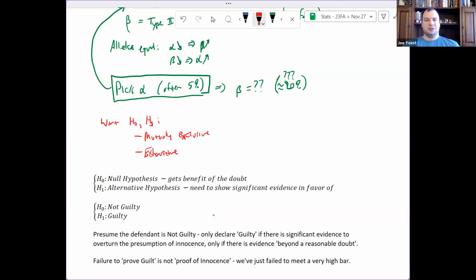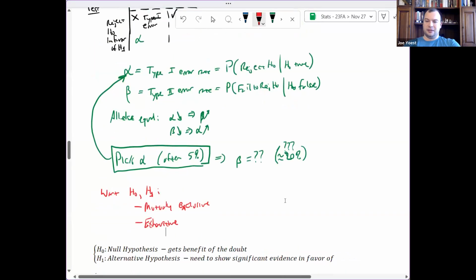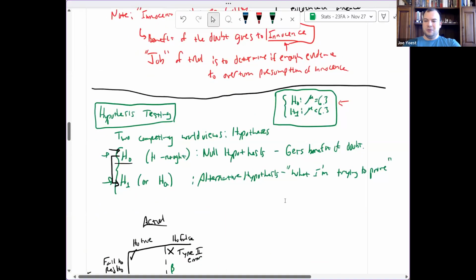So I want these two hypotheses, H0 and H1, to split up the space of possible realities perfectly into two pieces, no overlap and nothing missed out. So we also wouldn't want hypotheses like mu is bigger than 10 or mu is less than 5, because what if mu is 7? Then which one do we go with?